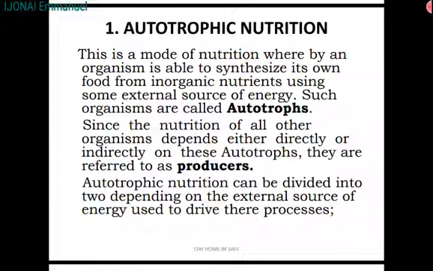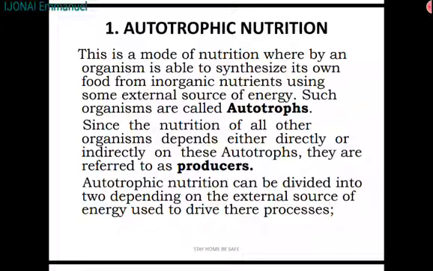Autotrophic nutrition can also be divided into two depending on the external source of energy. We are going to see shortly that there are two major forms of autotrophic nutrition, and they are divided based on the source of energy. We have the common one, the one that we all know, the one that green plants perform.